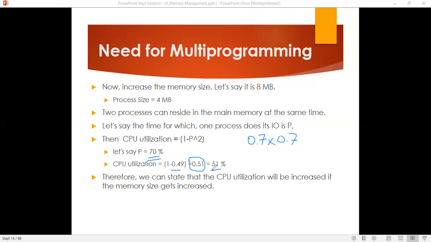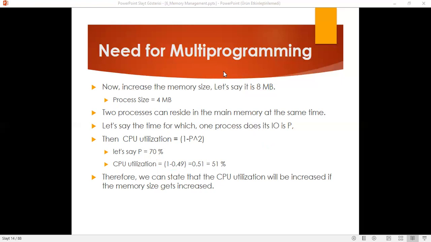So in the previous one, I had one process fitting in main memory and utilization was 30%, but here it is incremented to 51%. So we can say that if the number of processes increments, the utilization increments.